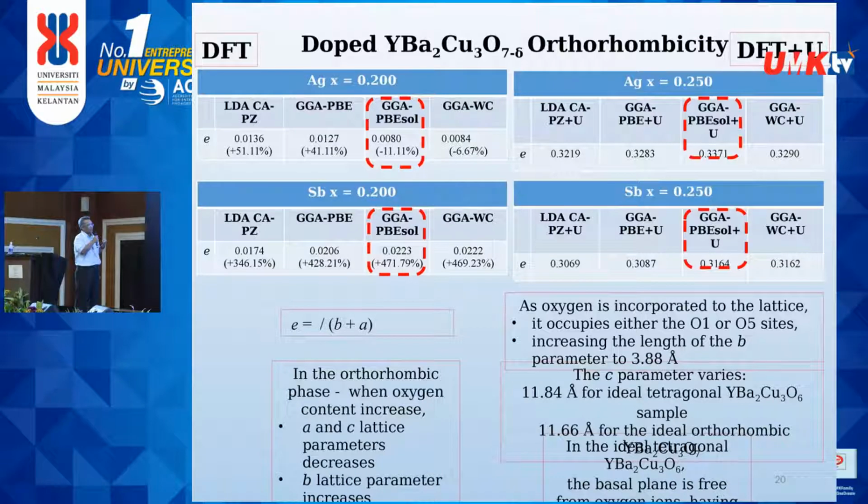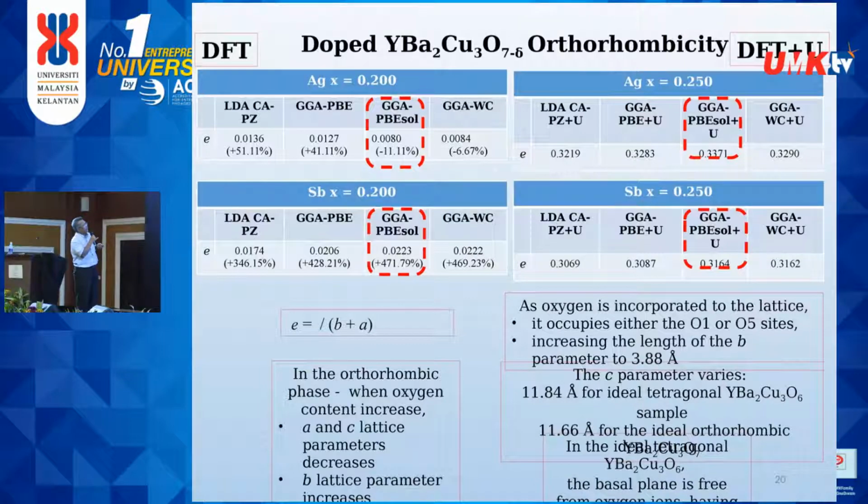The C parameter varies, it's about 11.84 for ideal tetragonal YBCO and 11.66 for the ideal orthorhombic YBCO. In the ideal tetragonal YBCO, the basal plane is free from oxygen ions, having A equal to B equal to 3.82, which is tetragonal.